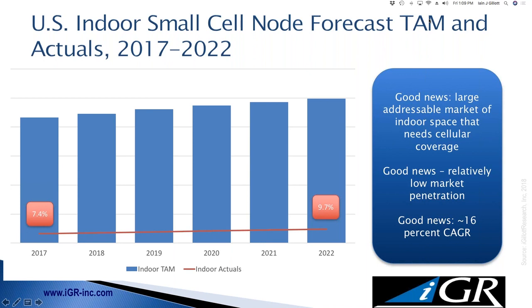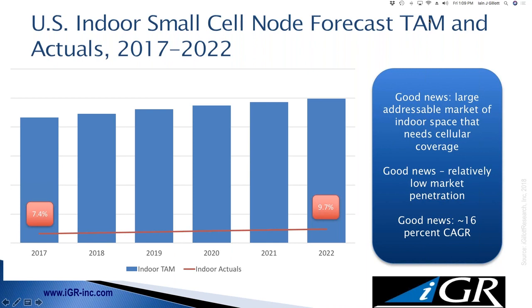The red line is how many of those buildings have actually got solutions in place today. And I showed this as a node forecast. So this is actually cells that are sitting inside the building. And you can see in 2017, we've actually addressed about 7% of the need, which obviously is good news for solution providers. There's a lot of room there to grow, clearly.